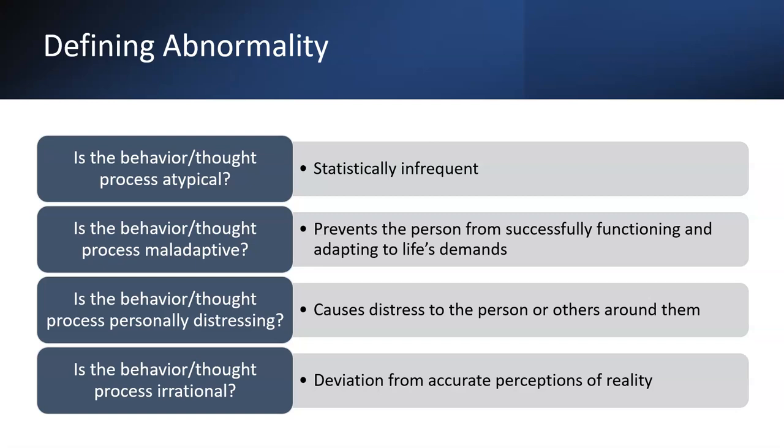They talked about unpredictability and losing control, followed by irrationality and incomprehensibility, causing others discomfort, and then finally violating moral standards. Now you can see how in their definition there are some concerning things there. Just being odd or unconventional, just being someone who violates certain moral standards, does that mean you're mentally ill?